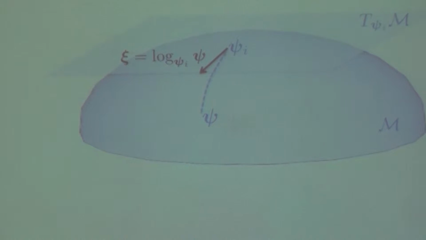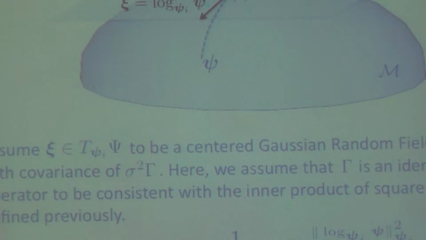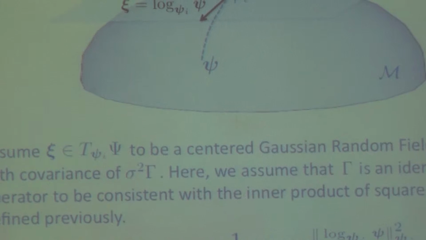So epsilon here basically gives us a linear representation in this tangent space, such that we can assume epsilon is centered as a Gaussian field with some covariance sigma square gamma. And gamma here, we particularly choose an identity operator to be consistent with the inner product I showed you previously.